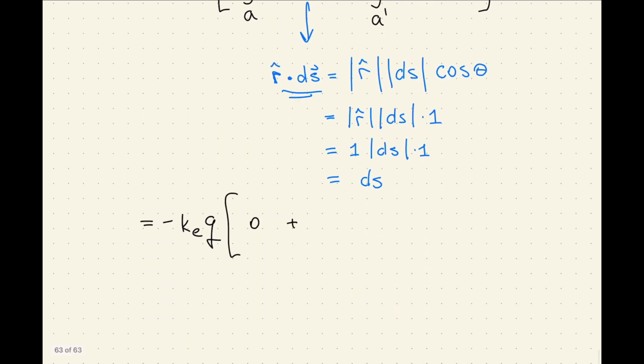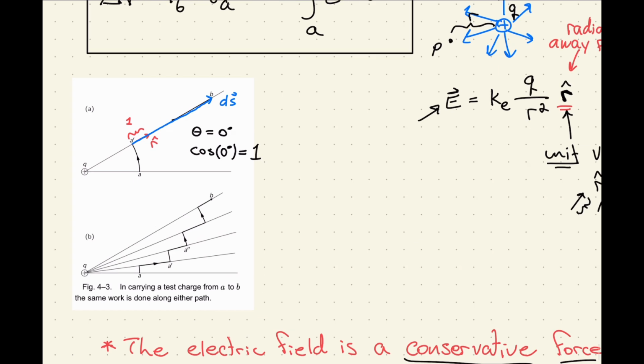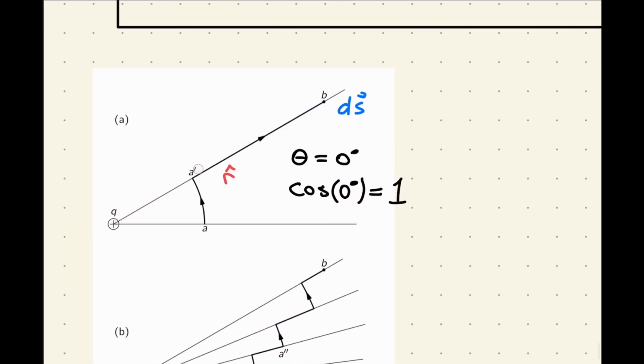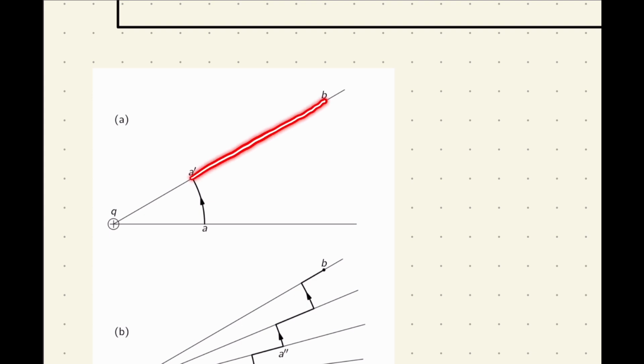What you actually want to do is take a look at what ds is. ds is the pathway going along, let me erase this stuff here too. So ds is the path going from A to B here. It is going in the same direction as r hat, except it's going a distance of, for example, from A prime all the way to B. Sorry, not B prime, but just B.